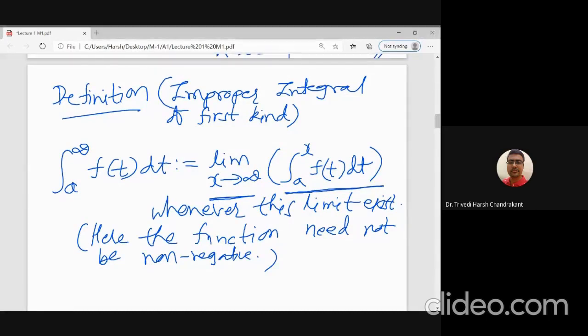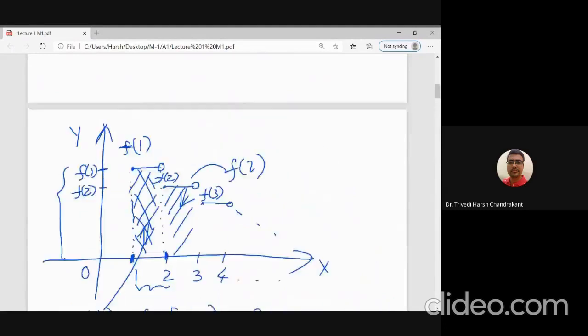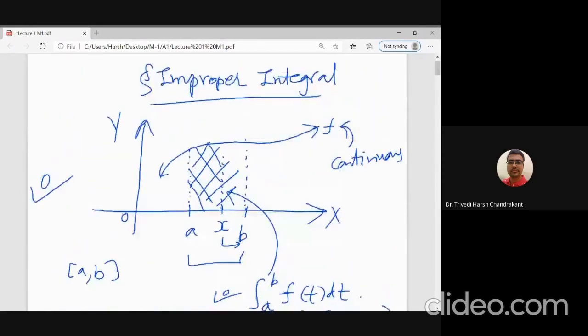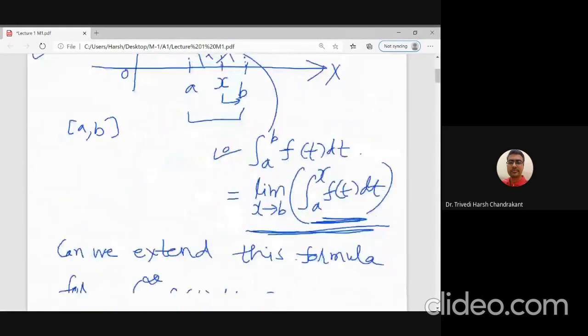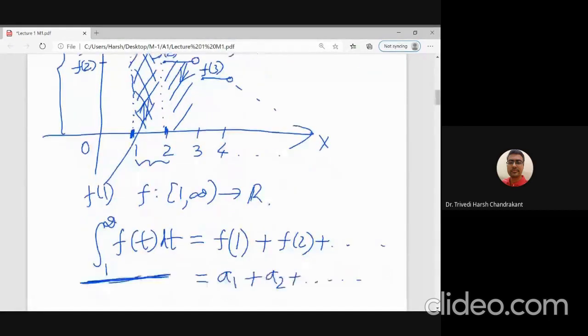Because when we discussed this area, we considered the functions to be non-negative because we can represent it in a diagram. But in general, the function need not be non-negative.